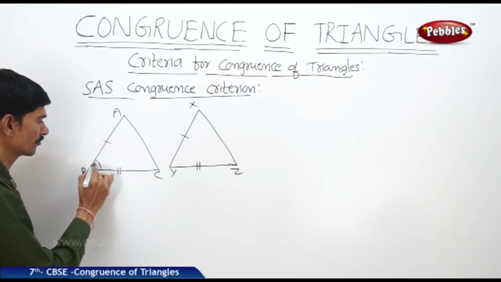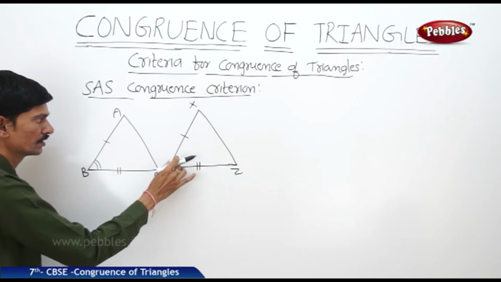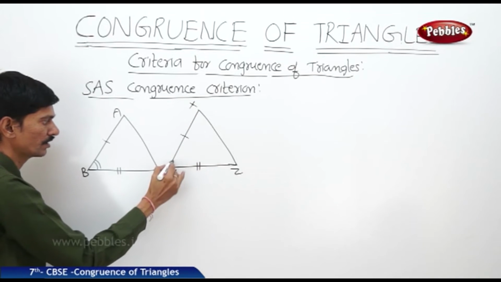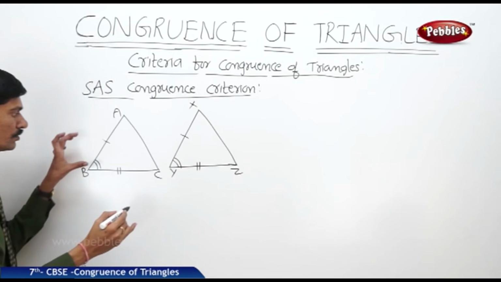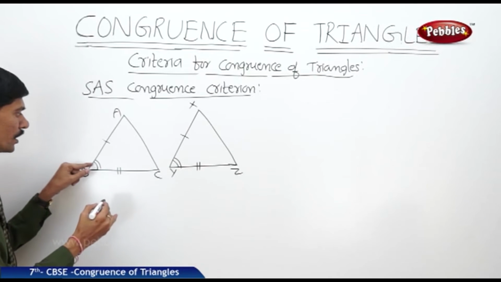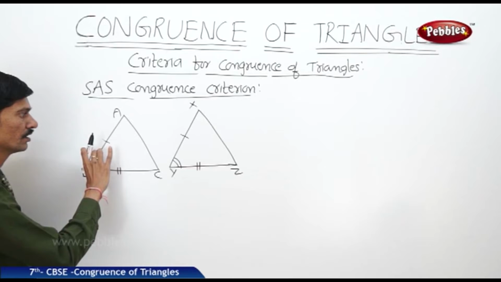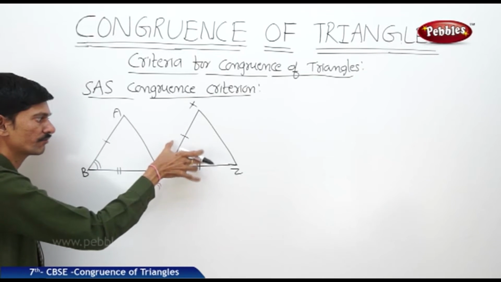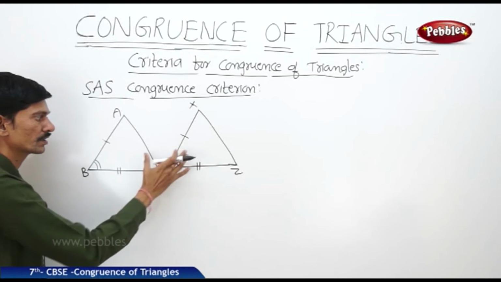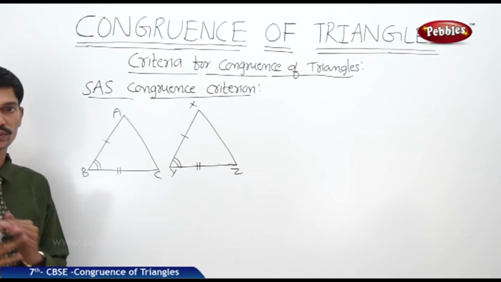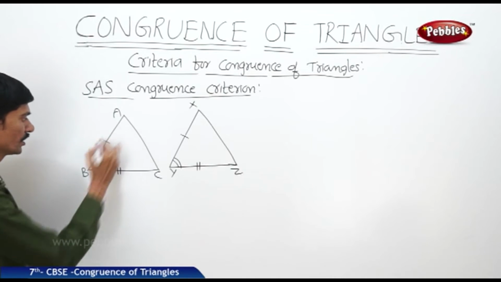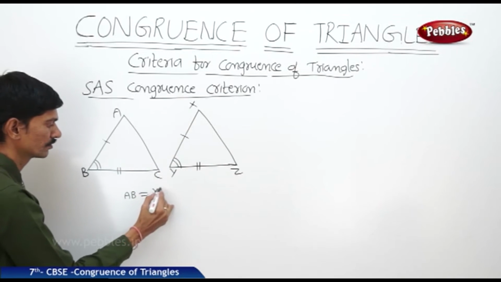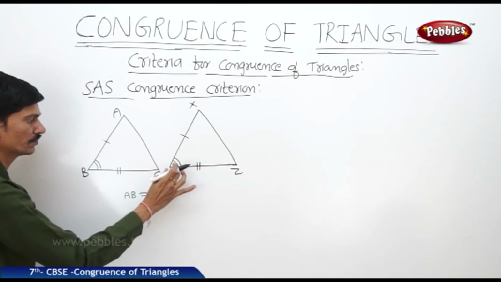So here angle B equals, here also the angle included between the sides XY and YZ, that is angle Y. So the two sides and the included angle between them of one triangle are equal to the two sides and included angle between them of the second triangle, then the two triangles are said to be congruent to each other. So here we can write that AB equals XY and BC equals YZ.